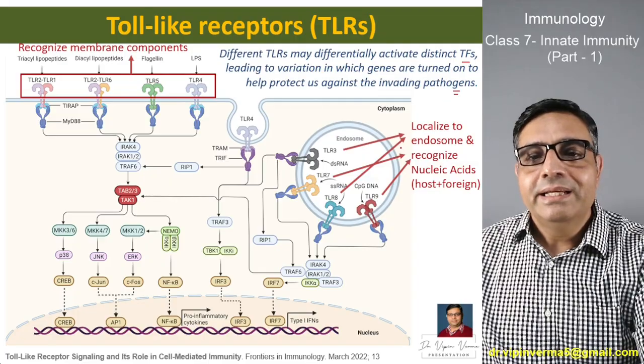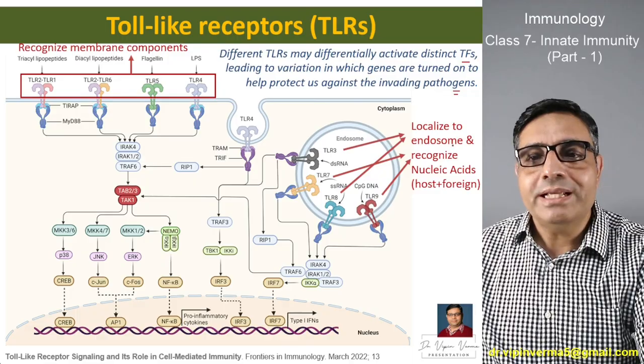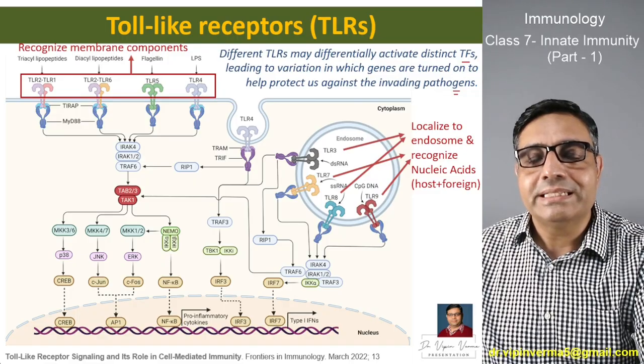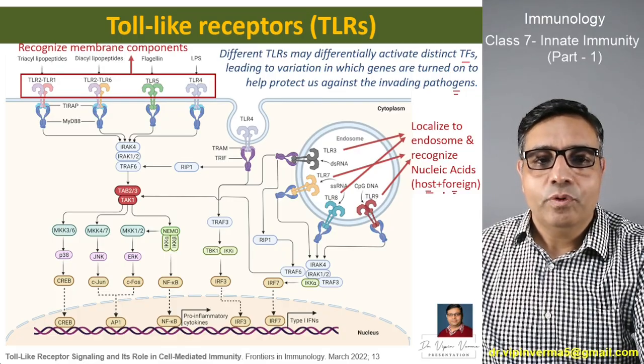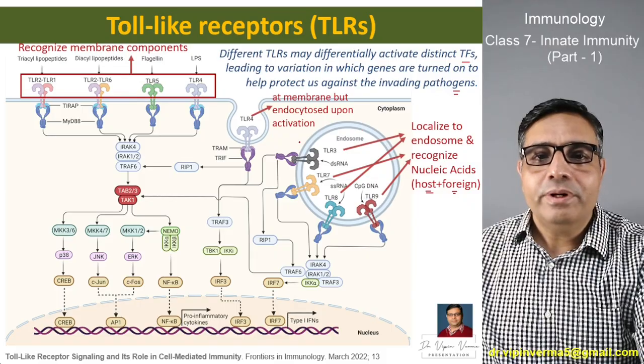Now, the endosomal TLRs localize to the endosome and recognize nucleic acids, which can be from the host as well as foreign nucleic acid. TLR4 is present at the membrane but endocytosed upon activation.